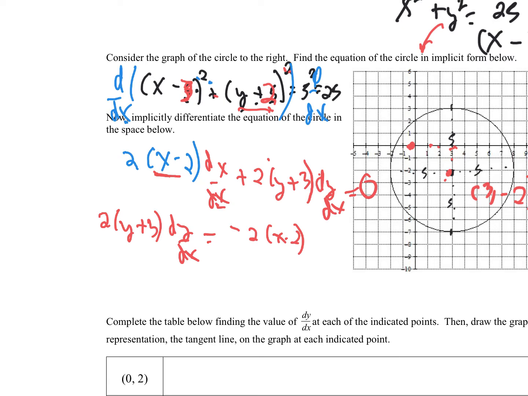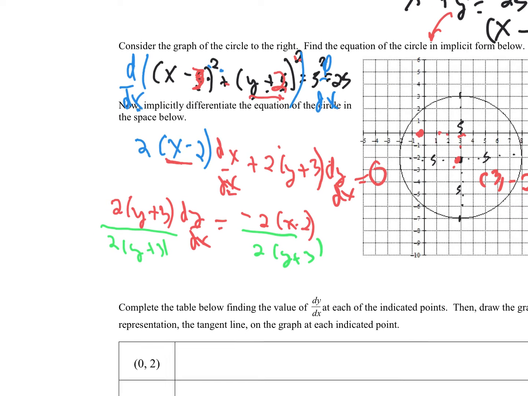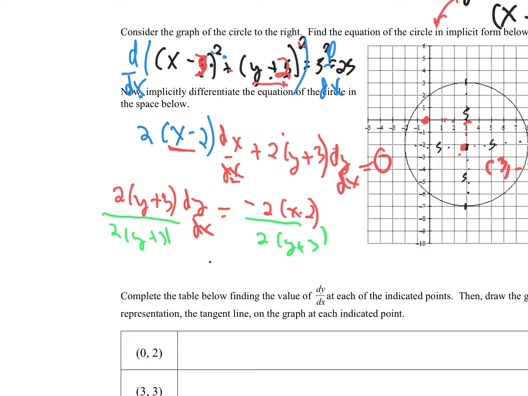Divide both sides by the 2y plus 6. Here's my final answer. dy/dx equals, the 2's cancel, the negative of (x minus 3) over (y plus 3). There's your derivative of that implicit function.